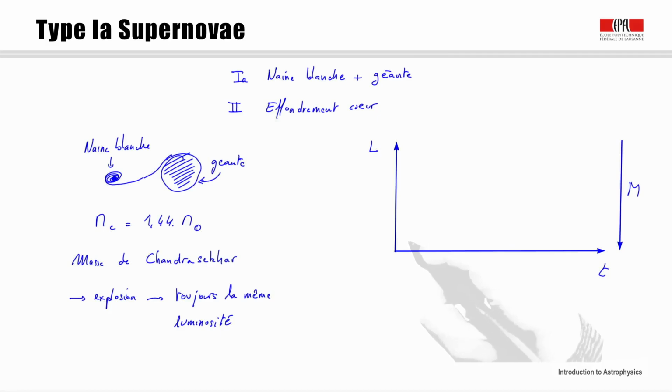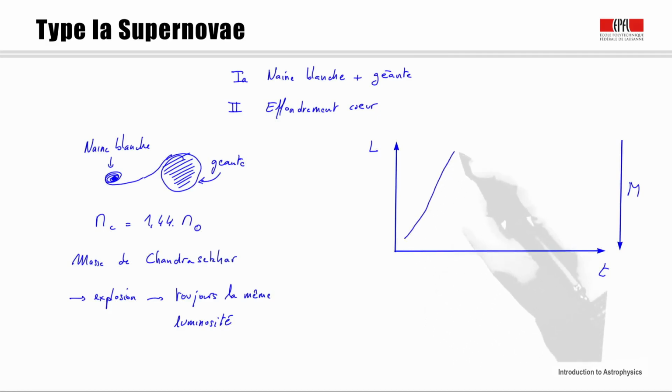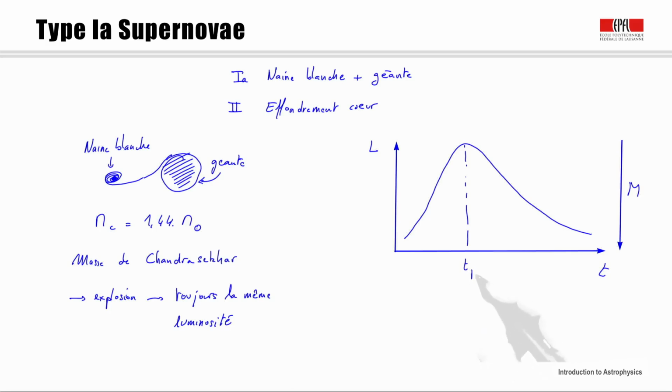When the supernova explodes, it will grow in luminosity, reach a peak, and then go down. If we calibrate this curve, we will see that at a given moment we have a luminosity peak that will correspond to an absolute magnitude in the V band of 19.3.